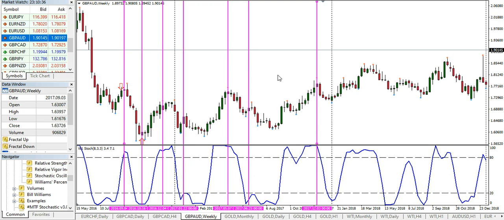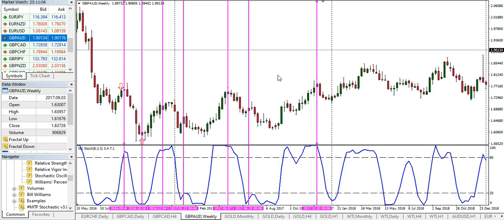You will see how price moves very close with the stochastic oscillator on the weekly time frame. So the weekly time frame will give us direction. Now, if the direction is to buy, as a universal principle, whenever we are going to buy, we want to buy at a low price. And whenever we want to sell, we want to sell at a high price.